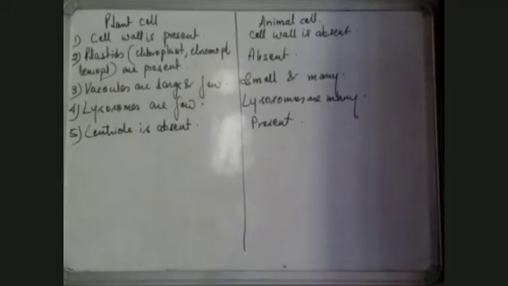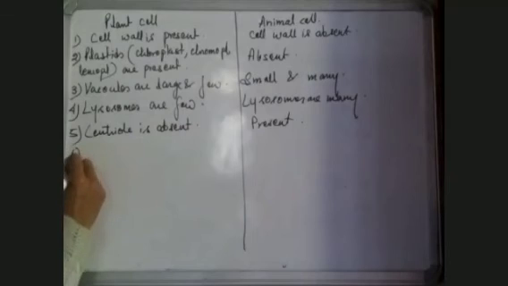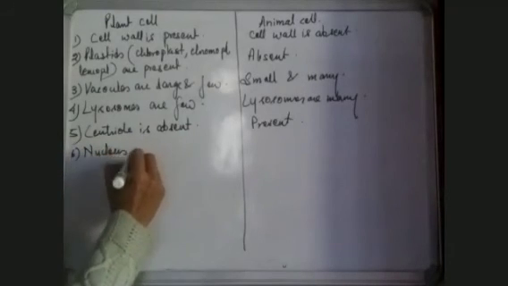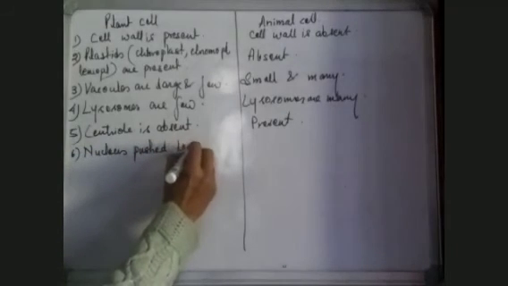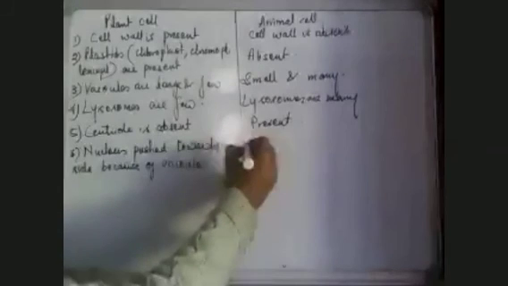So one more difference you can write, that the nucleus is pushed towards one side in case of plant cell, whereas in animal cell the nucleus is centrally located.